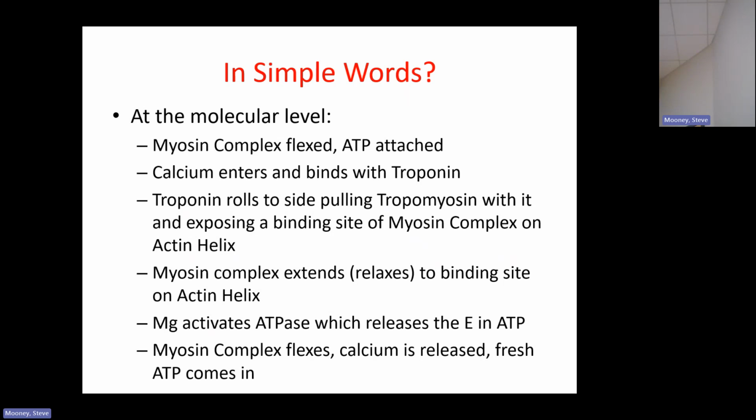So now if we want to put it in simple words, it's probably a lot easier than it was a few minutes ago, right? You've seen the progression. Again, that's a theory. That's the way we think it works. So you're looking at things that are happening very, very quickly. That diffusion of that calcium into the cell has to be very, very rapid.